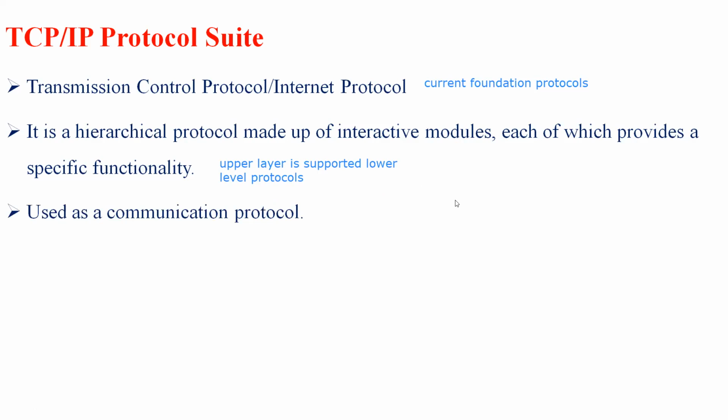TCP/IP is used as a communication protocol to interconnect networks. By interconnecting the networks and the various devices on the internet, we use the TCP/IP protocol.